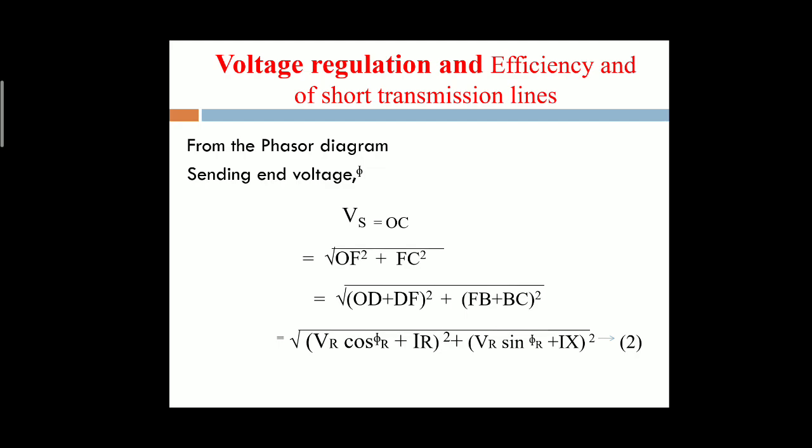OF is equal to OD plus DF, and FC is equal to FB plus BC. Then OD is equal to VR cos phi r plus IR, and FB plus BC is equal to VR sin phi r plus Ix. That is equation number 2.